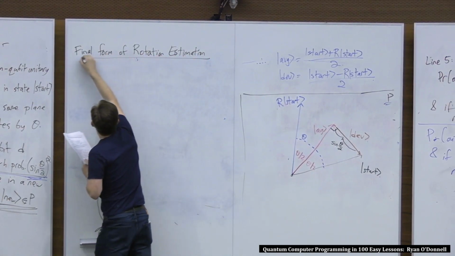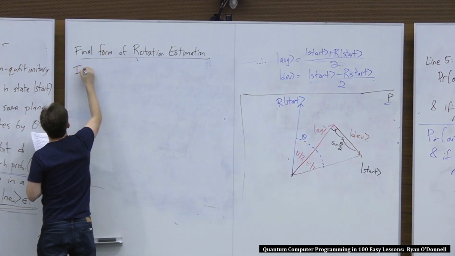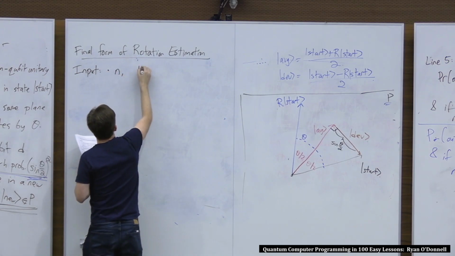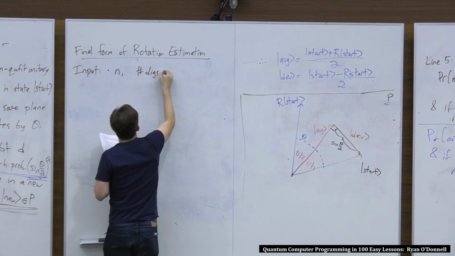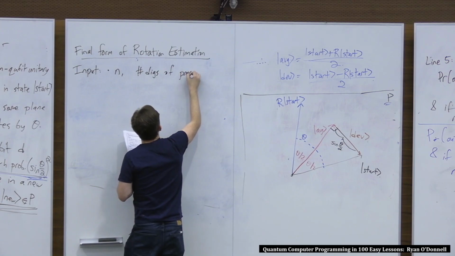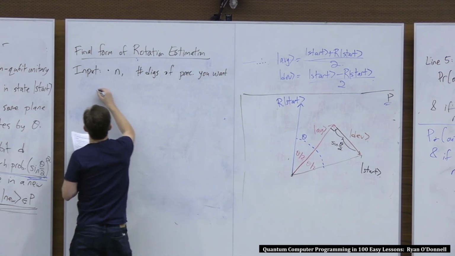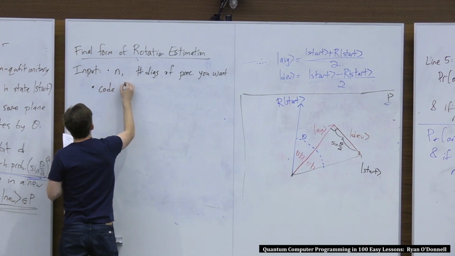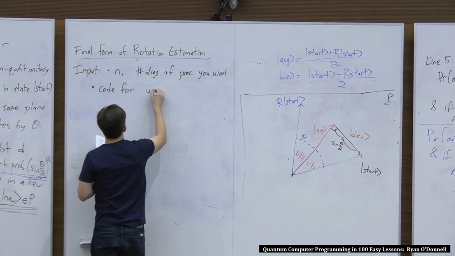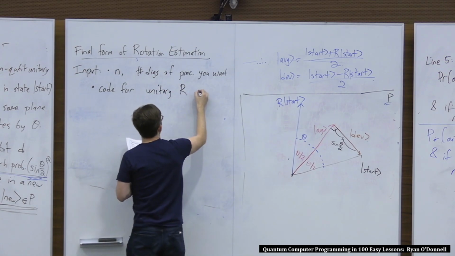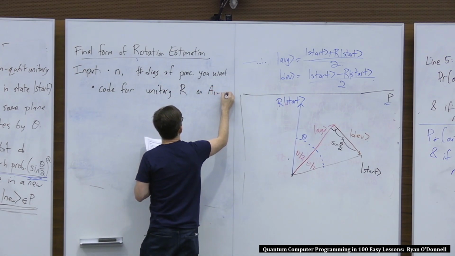Okay, so the input: there's going to be n, the number of digits of precision you want. And you're going to want code for a unitary R that you really care about, on some qubits A1 through AM.